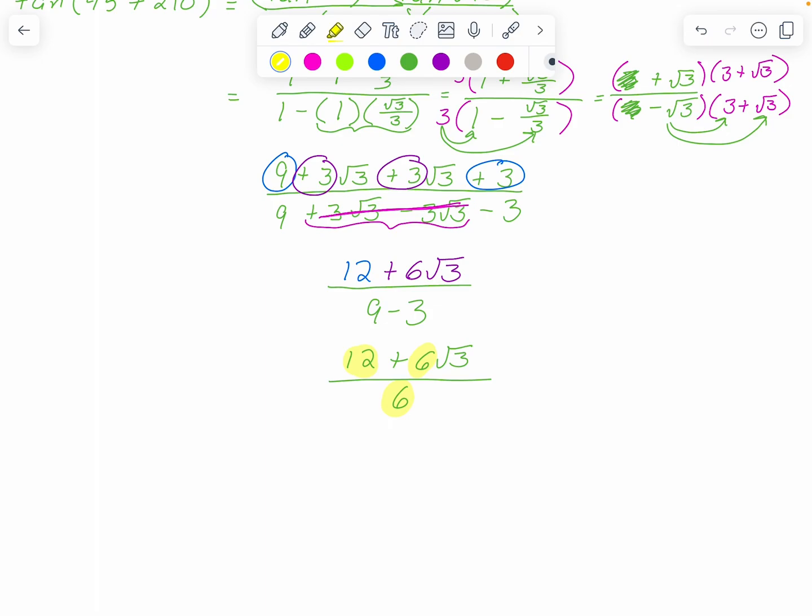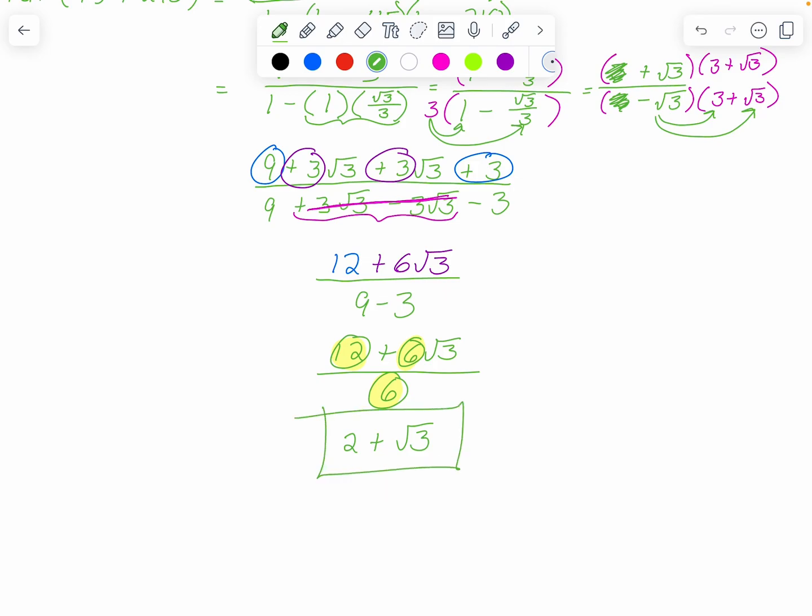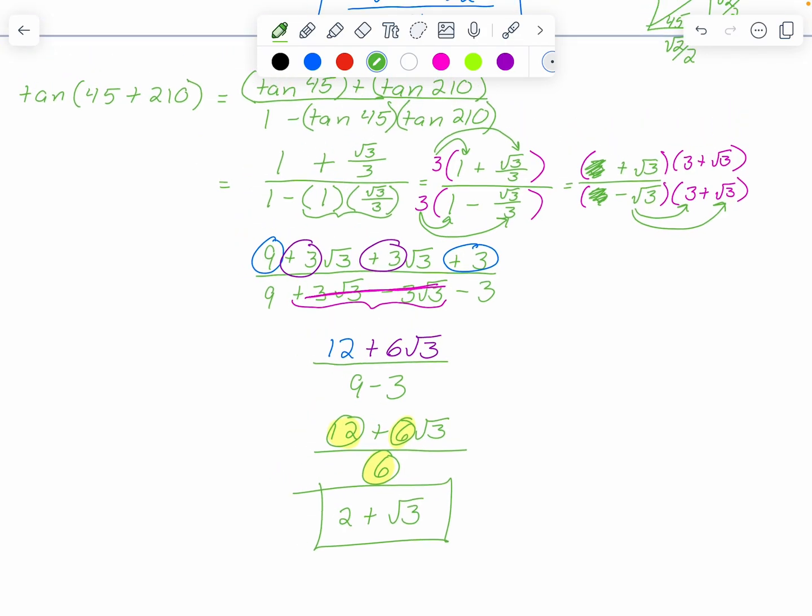All of those can be divided by 6. Therefore, 12 divided by 6 becomes 2, plus 6 divided by 6 is 1, so that's just the square root of 3. And then this 6 divided by 6 is 1, which we don't need to put on the bottom. We can just leave it like this. So that would be our final answer.